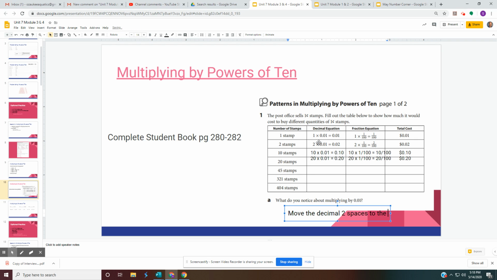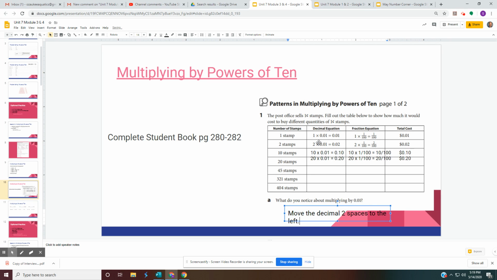To the left, right? Multiplying by a decimal is actually dividing by 10. Interesting, right? Because multiplying by a fraction is actually dividing my whole number. That is interesting. Can't believe I put that together.